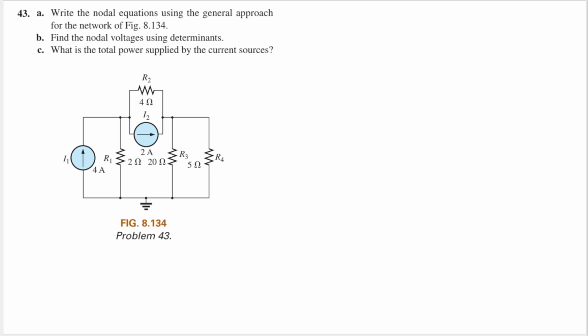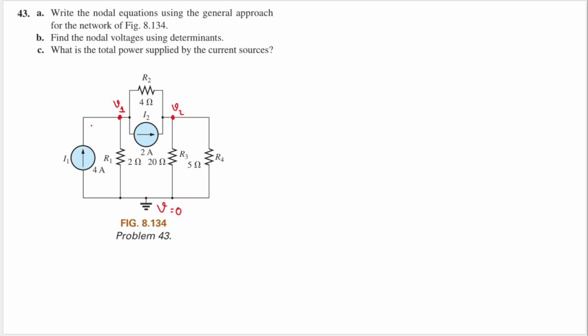Okay, let's do analysis on the circuit. This is the ground, so the voltage here will be 0, and let's name this node V1 and this node V2.